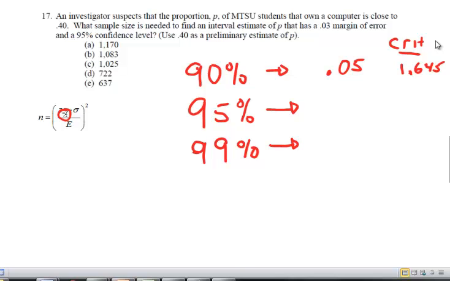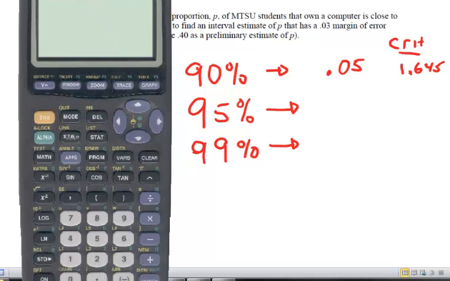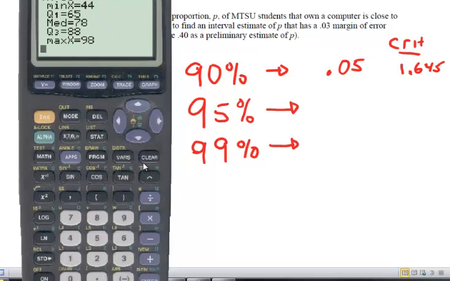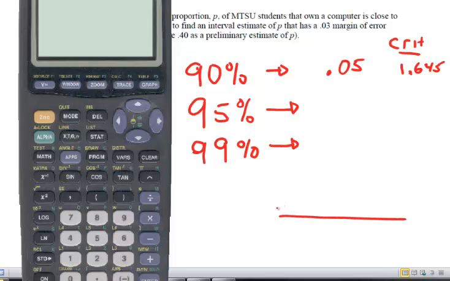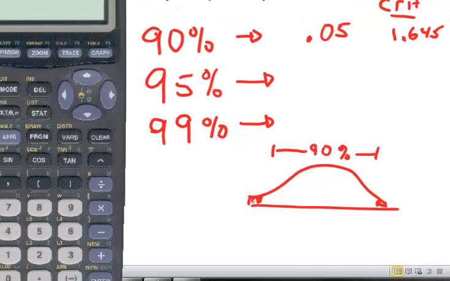Or let me show you how to do it on the calculator if you don't want to do that. How do we figure that out? Remember, mathematically we're trying to find, let me draw this out, if this is 90%, I'll just show you this on one of them and you can do it for the other ones. That means we have 5% in this tail, 5% in this tail.